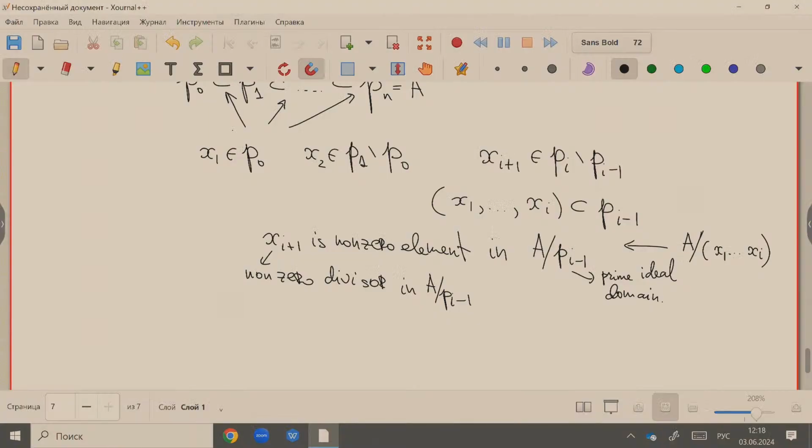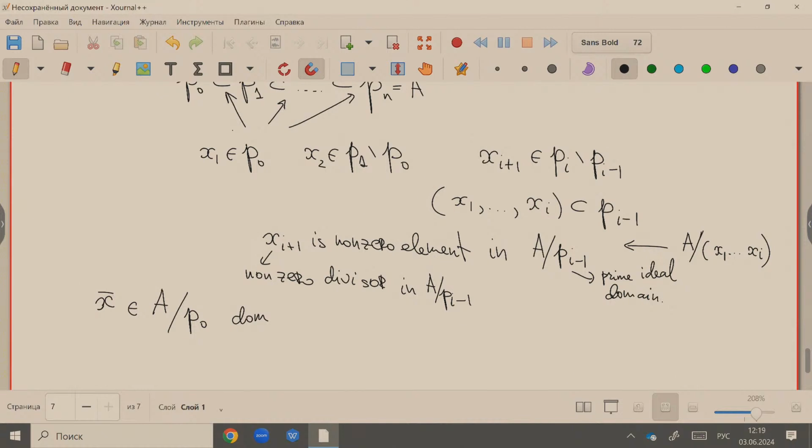And you see the following, and here we can do the following. We can compare dimensions. Take first x inside A mod P0, which is a domain.